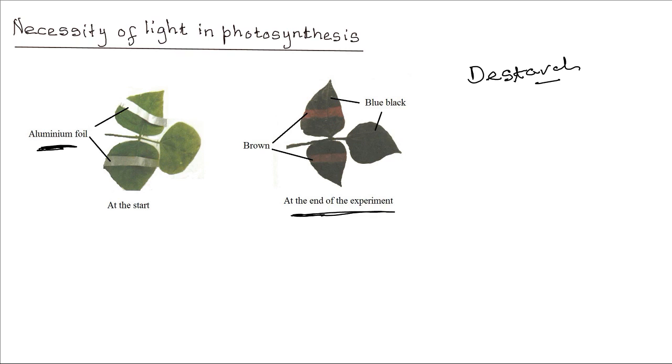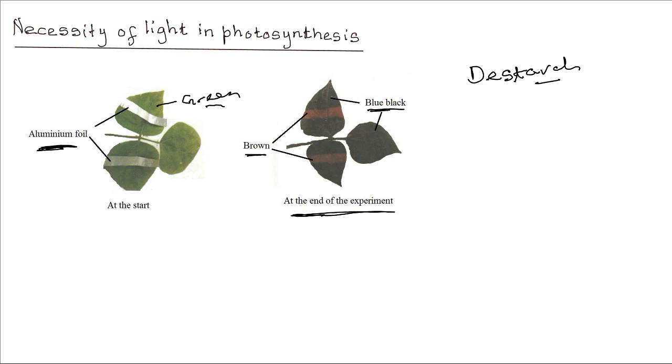Basically, the absence of chlorophyll allows that part to have a different color other than green. But the parts that have chlorophyll are green in color. So a leaf that has regions that are green in color and other regions that are non-green is said to be variegated, and it's the one that is used to show the necessity of chlorophyll in photosynthesis.